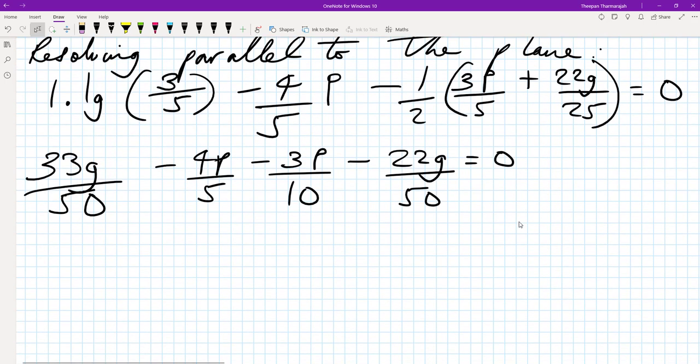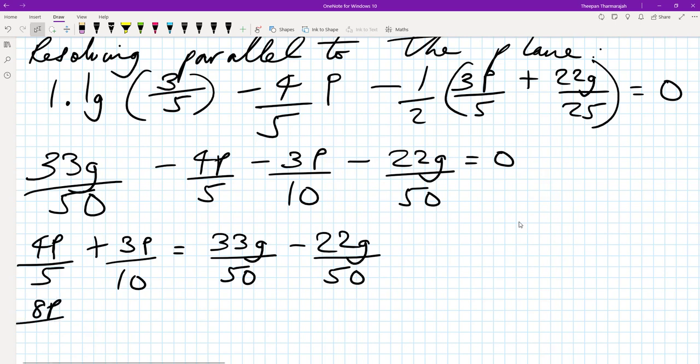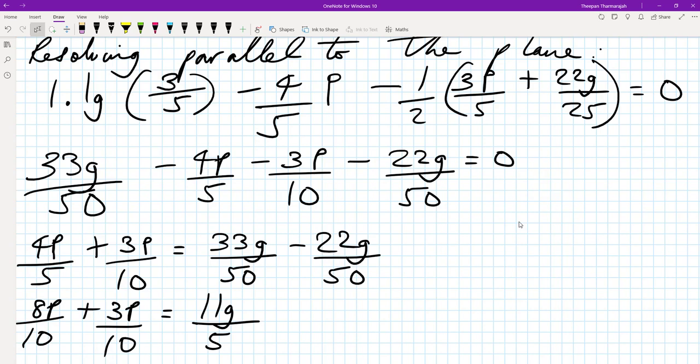So we can solve for this by saying that 4P over 5 plus 3P over 10 is equal to 33g over 50 minus 22g over 50. So that will give me 8P over 10 plus 3P over 10 is equal to 11g over 50.